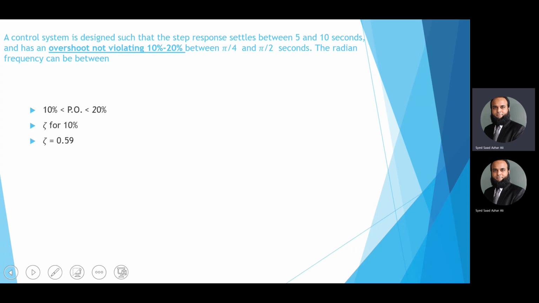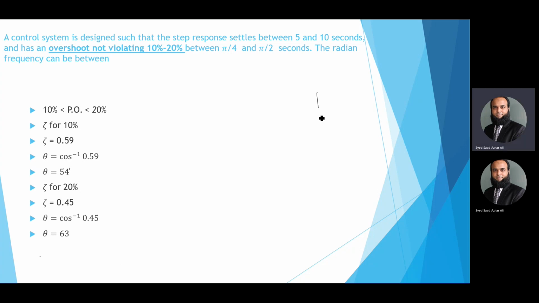So the zeta is 0.59. For 0.59, theta is cos inverse of 0.59, which is 54 degrees. Similarly, for 20%, the zeta is 0.45 and the theta is 63.